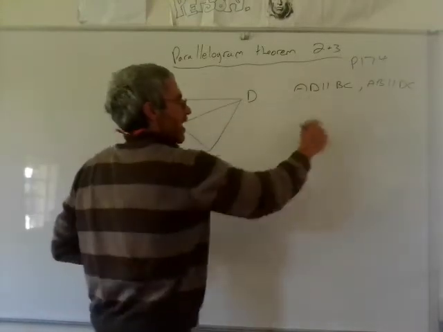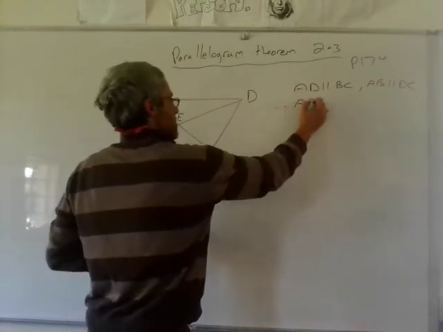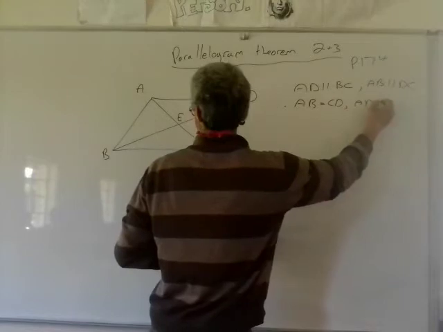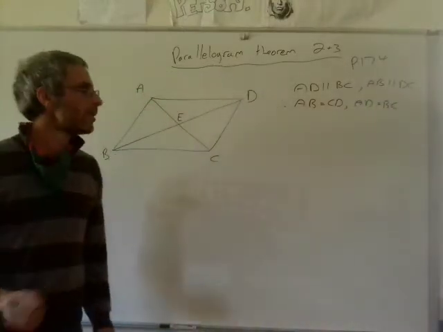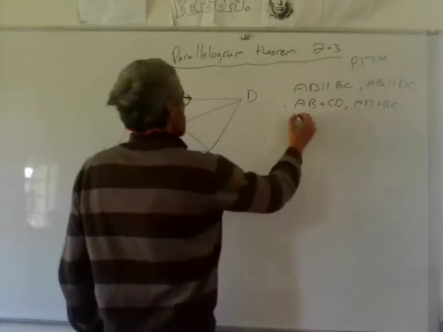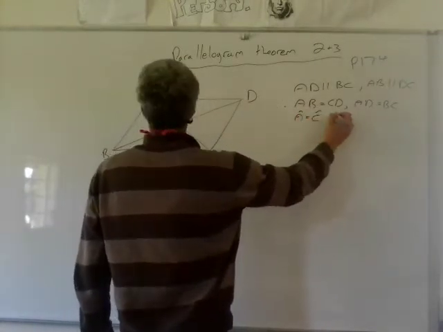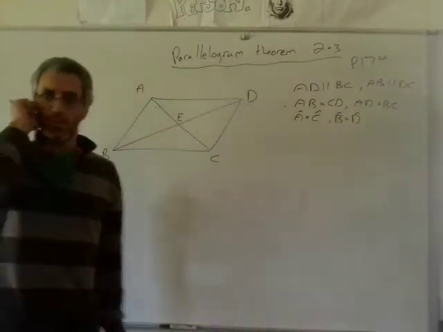We proved that if we have a parallelogram, that means that AB equals CD and AD equals BC, opposite sides equal in a parallelogram. And at the same time, we proved that angle A is equal to angle C and angle B equal to angle D. So opposite angles are equal.